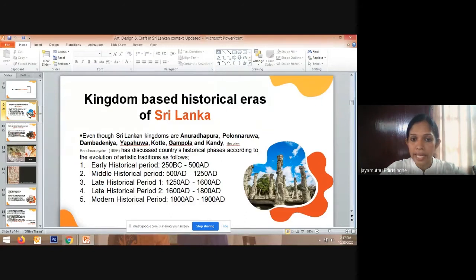We had eight main kingdoms in Sri Lankan history, and we have different art traditions in these kingdoms, and it was always with royal patronage that art evolved in the Sri Lankan context.